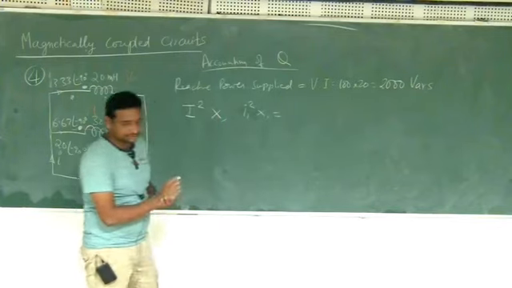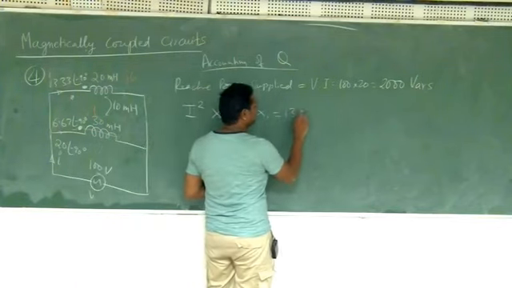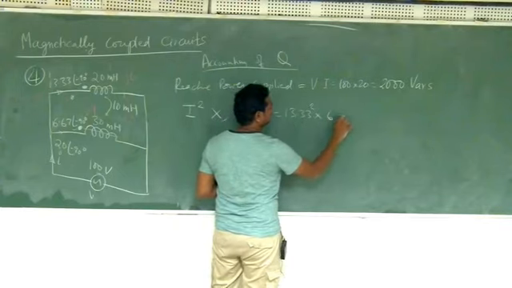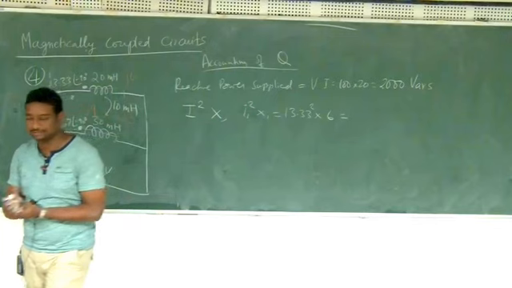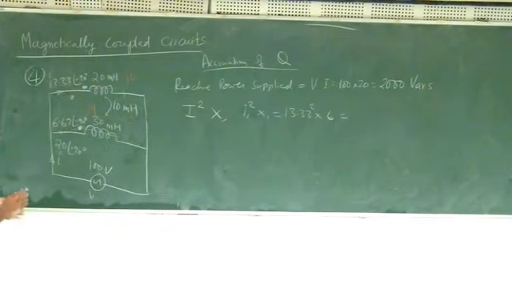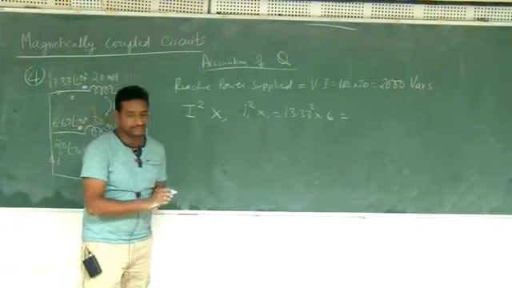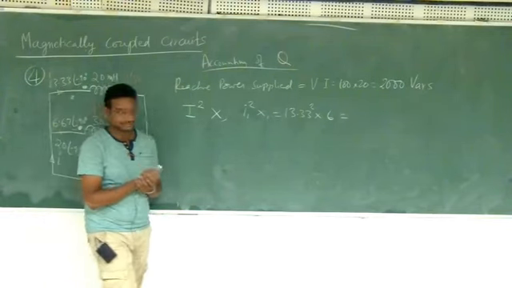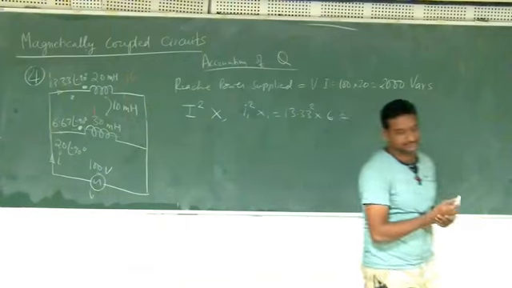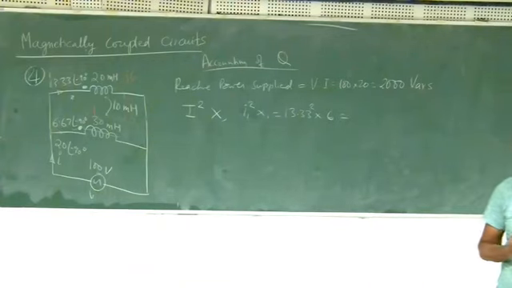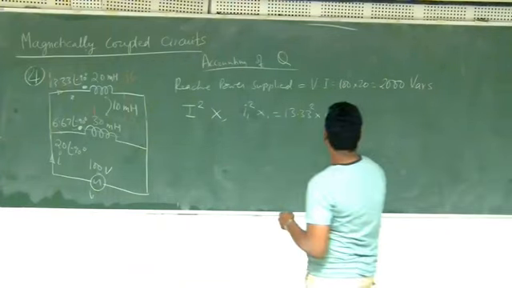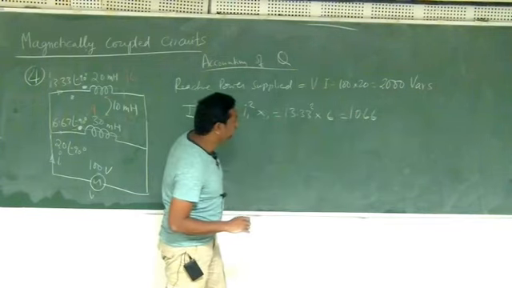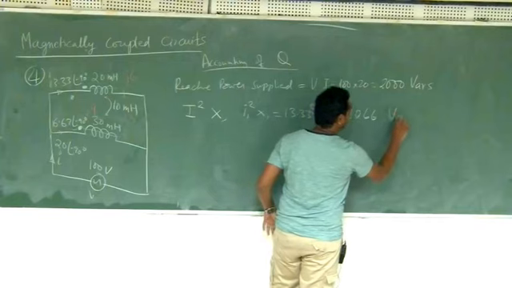How much is that? 13.33 square into 6, just dropping the J for this. That gives 1066.1. We'll not worry about that.